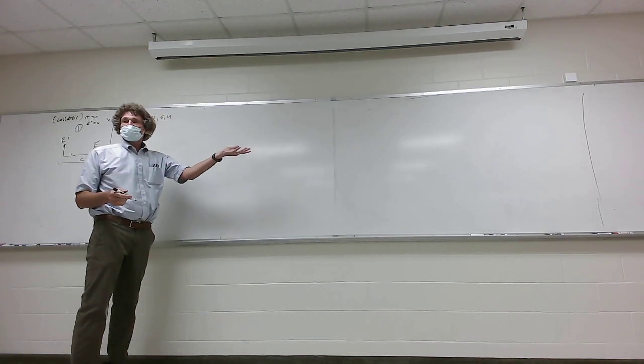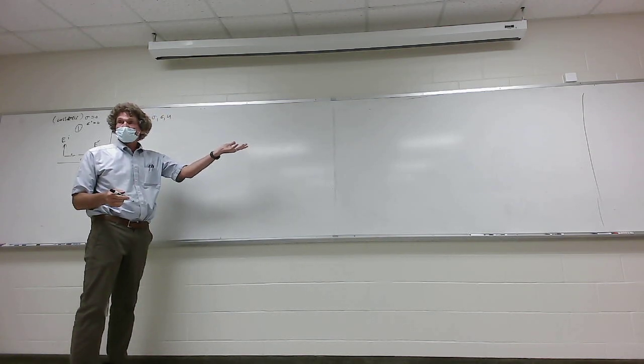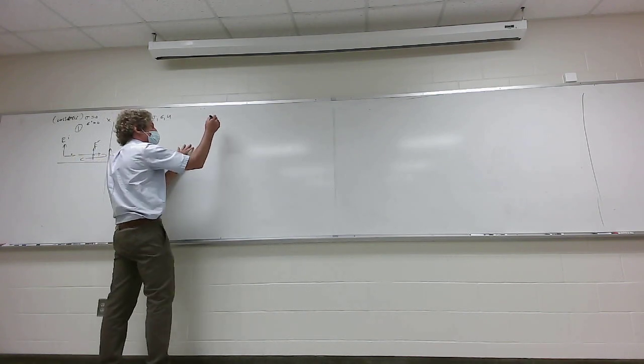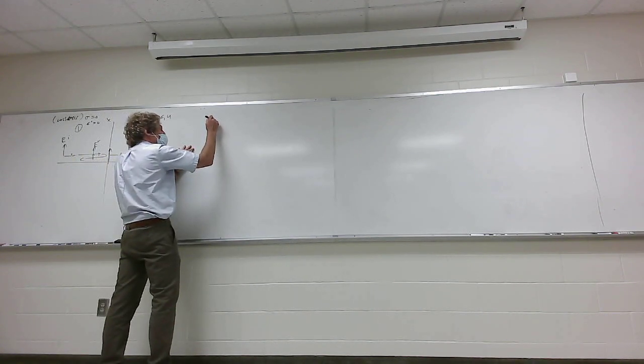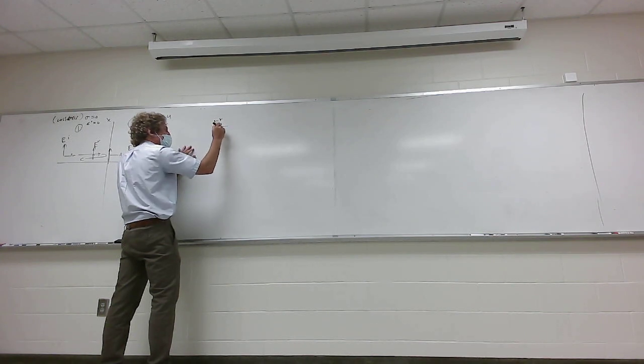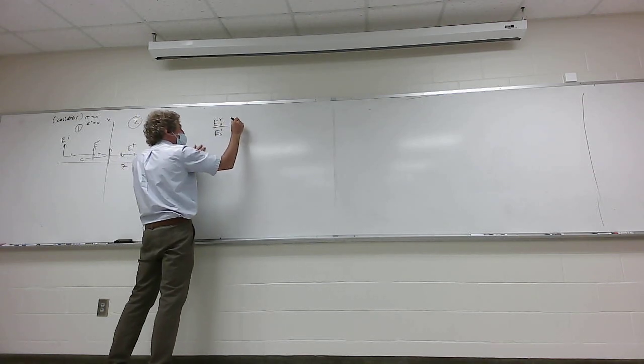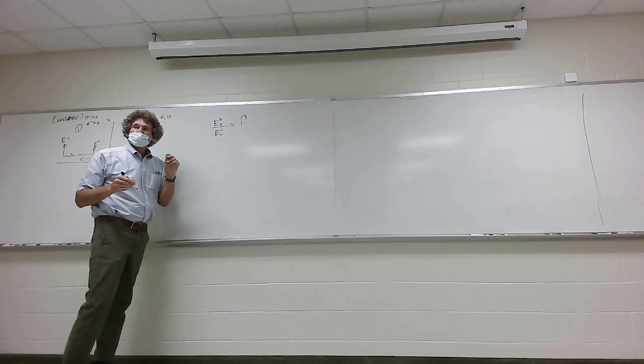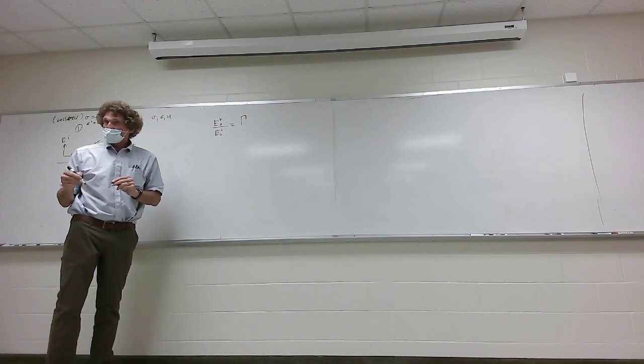I solved it fast last time for the reflection coefficient. But in general, the reflection coefficient, or the ratio of the reflected field, by the way, this can be complex, to the incident field, is given the symbol gamma. It's the reflection coefficient, right?